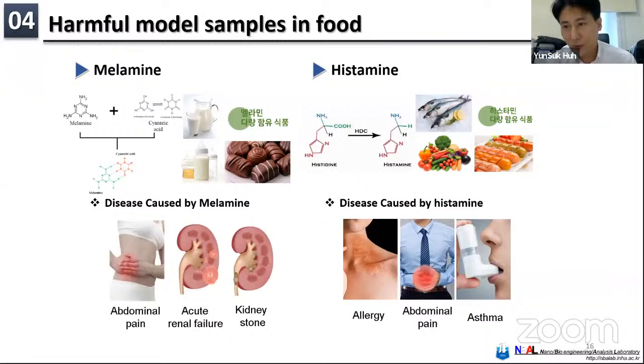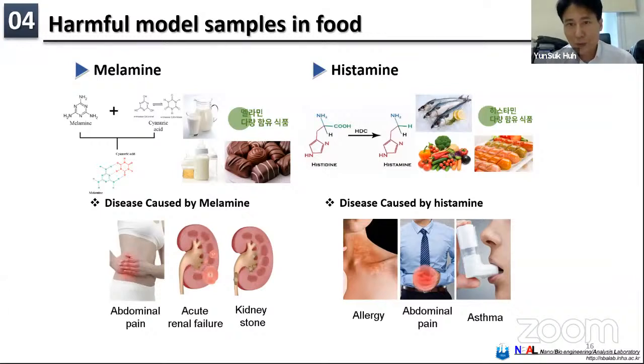Melamine, you know about it in China, 10 or 15 years ago, was one of the big issues: contamination with melamine in infant formula and milk samples.